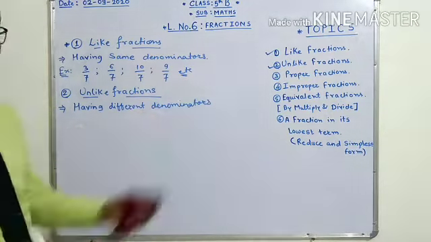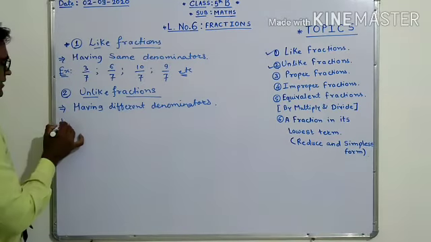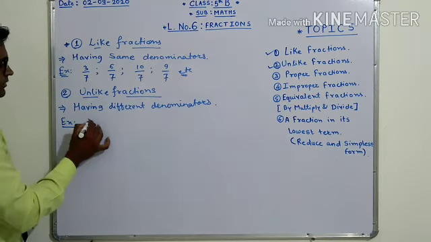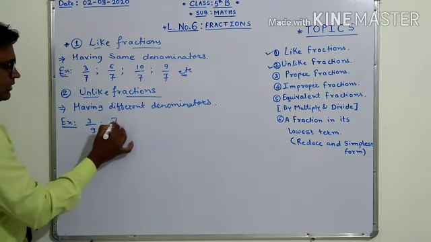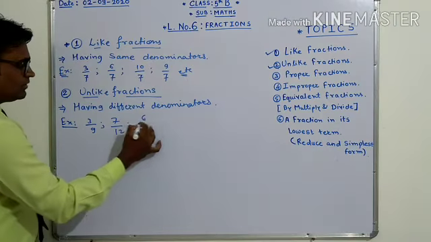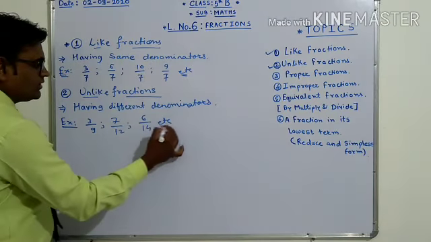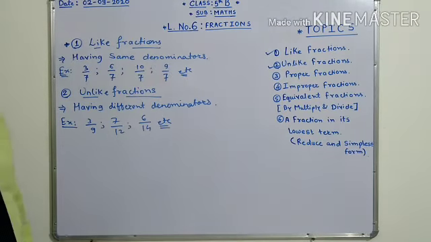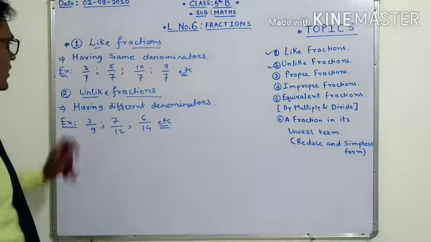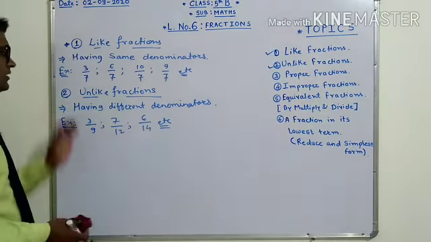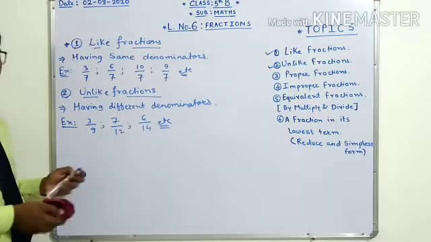Okay, different denominators will be there. Therefore, examples 3 by 9, 7 by 12, 6 by 14, etc. See, all the denominators are different. In this way we can express these like fractions and unlike fractions.